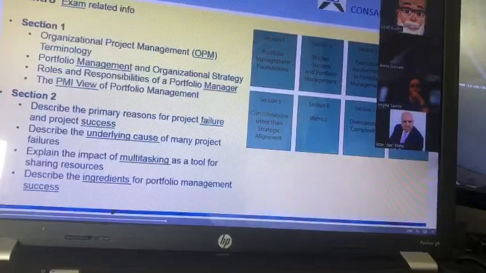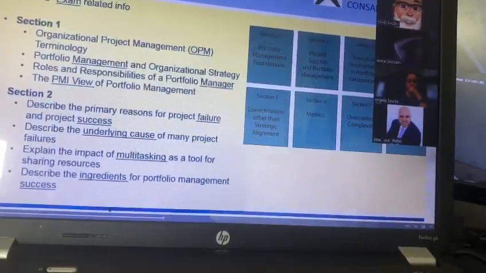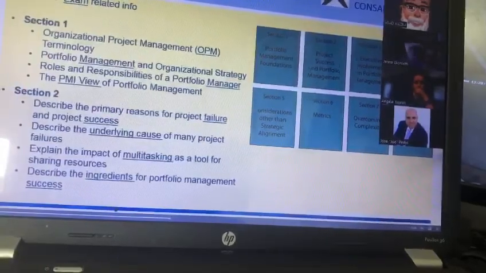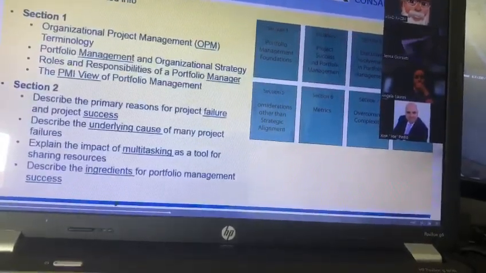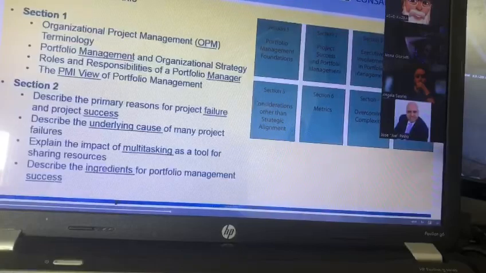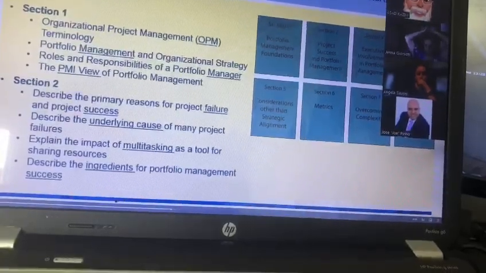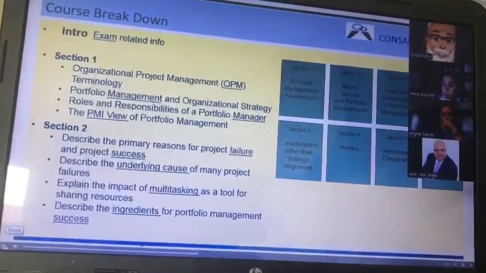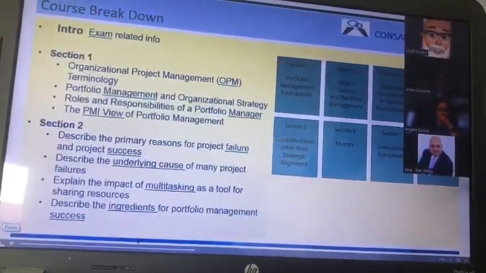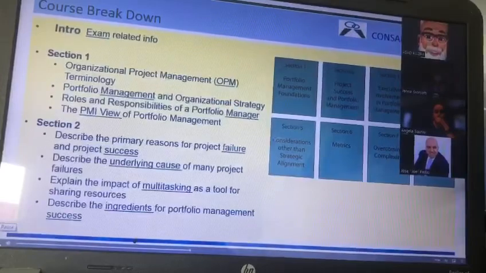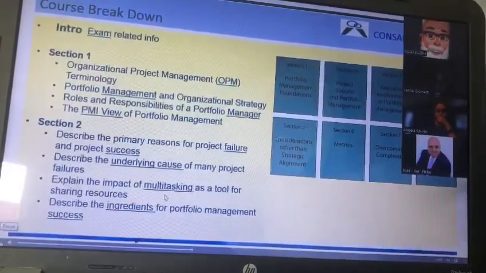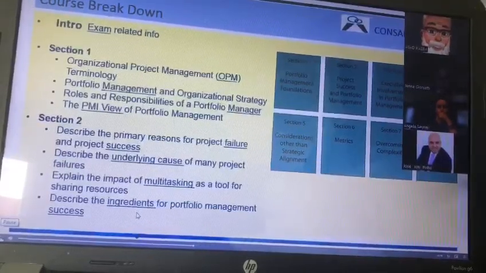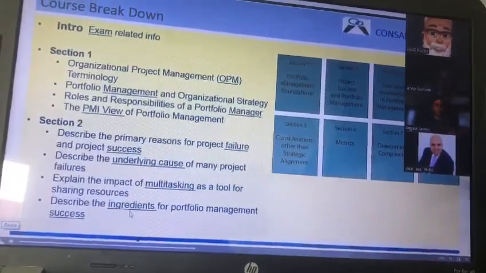But are the resources limited or unlimited is the next question, which is obviously common sense, but we say no, we don't have unlimited resources. And then there are different types of resources, some critical and sometimes non-critical. So in that case, we have to be very prudent about handling these resources. There is multitasking sometimes you have to do too. And then we'll talk about the ingredients for the portfolio.